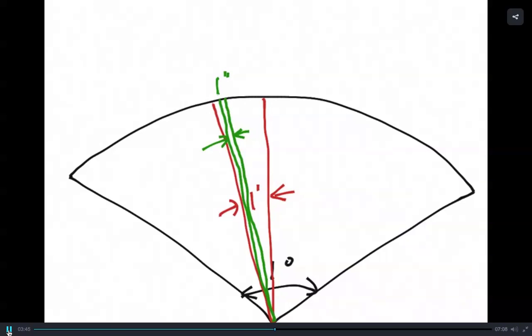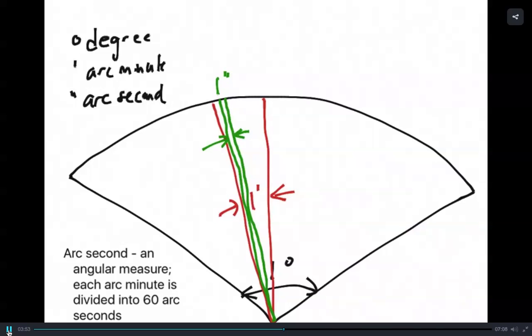This tiny pizza pie slice that I drew in the color green is an arc second in angular diameter. If the little 0 represents the degree symbol and the little tick mark represents the arc minute symbol, then a double tick mark would represent the arc second symbol. An arc second is also an angular measure. Each arc minute is divided into 60 arc seconds.